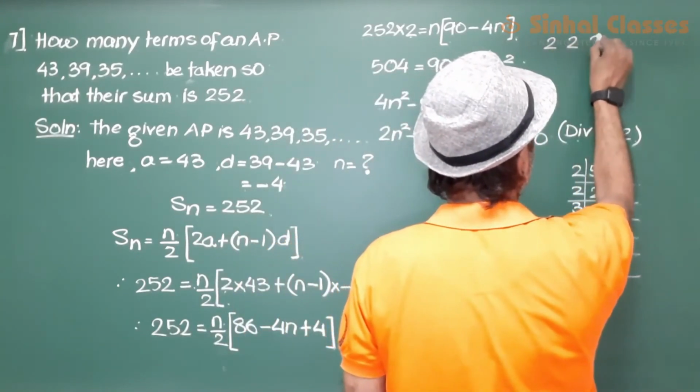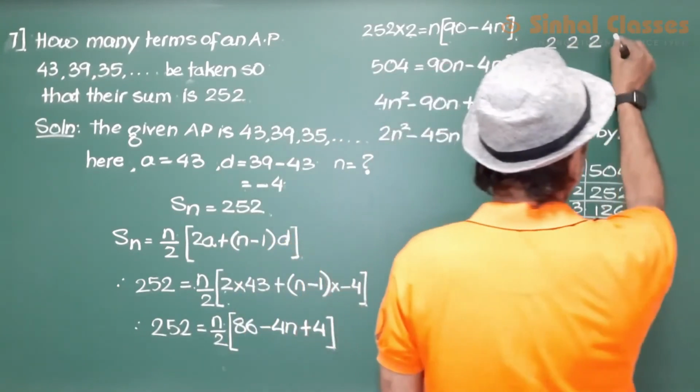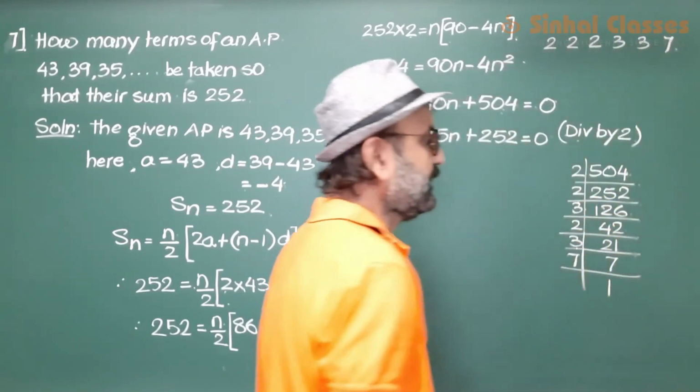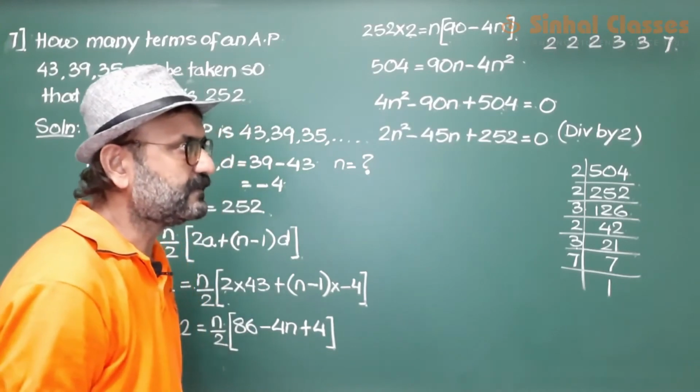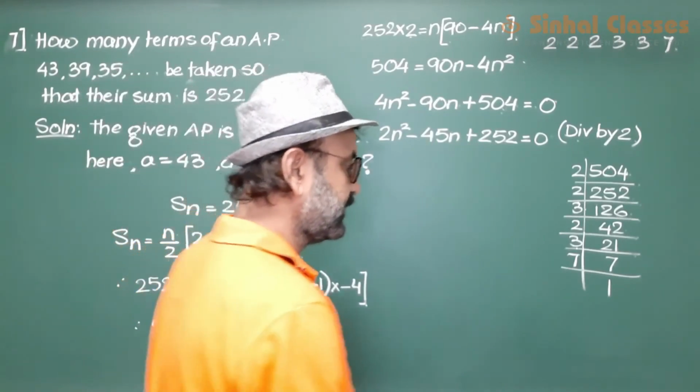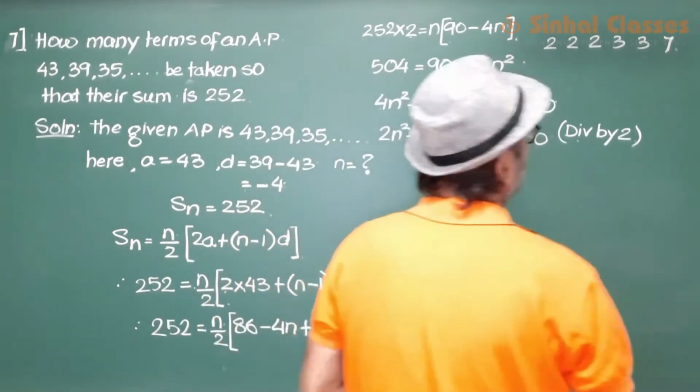2, 2, 2, 3, 3, 7. Now we need to find factors that should give us 45 on addition.